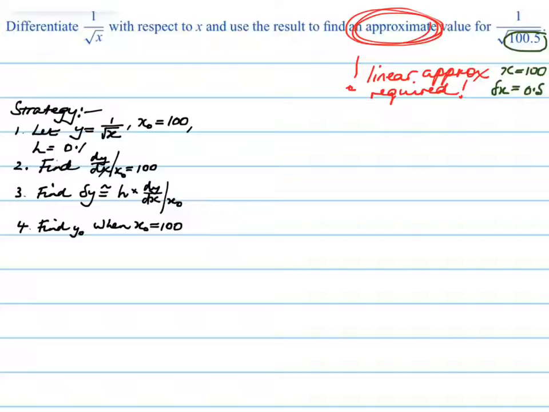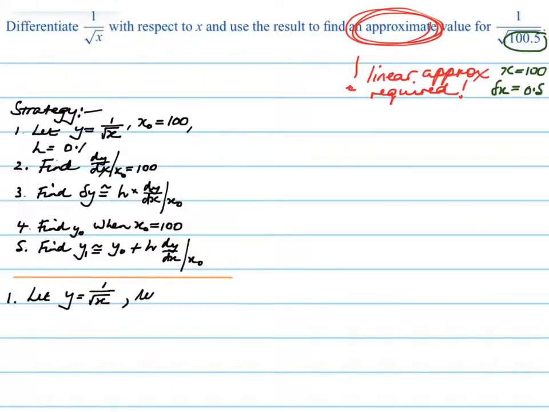That's just plugging into the formula for y equals 1 over root x. And then, the knockout punch, we'll find y1, the new value of y, which means 1 over root of 100.5 would approximately be equal to y0 found in the previous step plus h times dy dx at ground zero. Now, that's easy, so come on, we'll go and do it together.